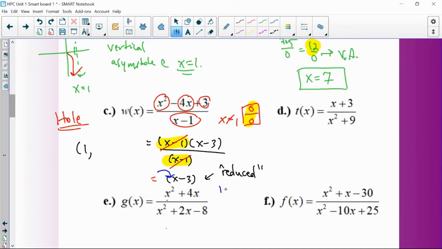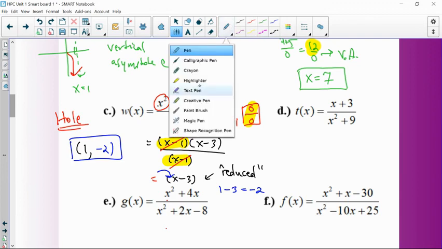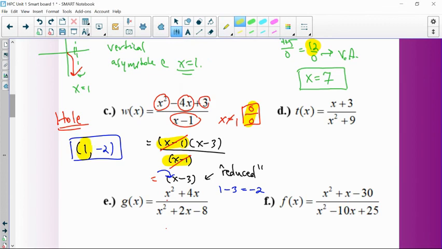If I input 1 and then subtract 3, the reduced function gives me negative 2 as the y-coordinate. So when your function has a hole, it's going to have an x and a y. The x will come from what you crossed out. Since I crossed out a factor that would have made the function undefined if x were 1, that determines the x component. And then how do you get the y value? You put that x value into the reduced form. And that's what I did to get negative 2.